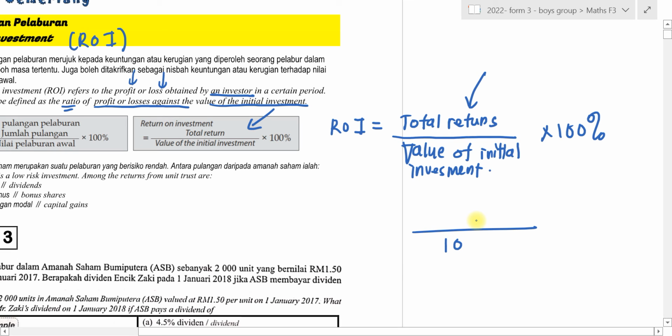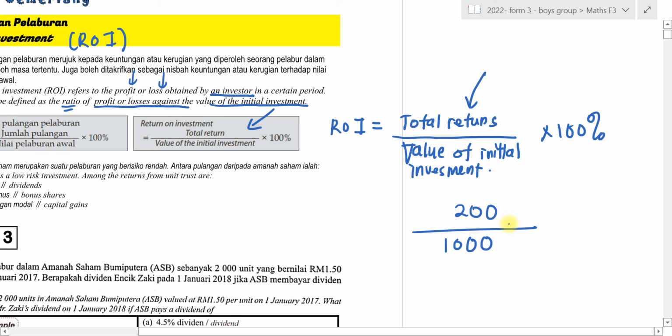We take a small investment. Let's say I invest 1,000 ringgit, and I get 200 ringgit out of it. Definitely, you cannot get 1,000 again. If they put the investment like that, then the investment company has to close down lah. Let's say the total profit that I gain was 200 ringgit.